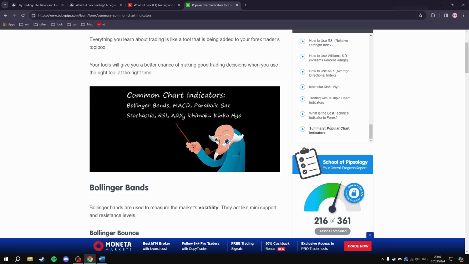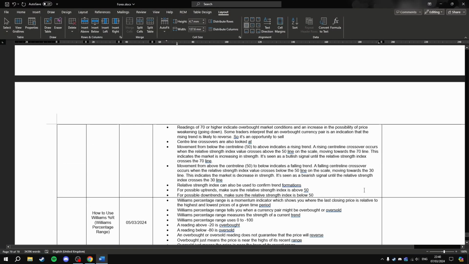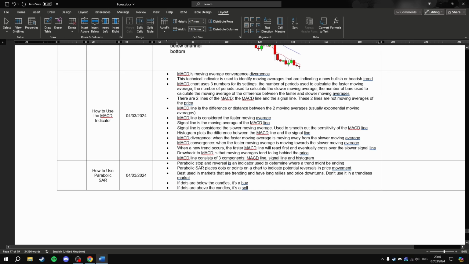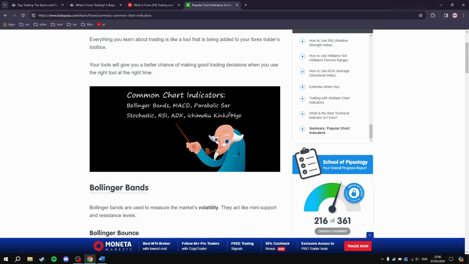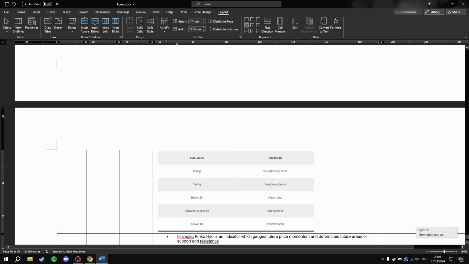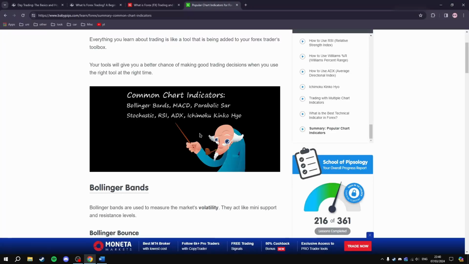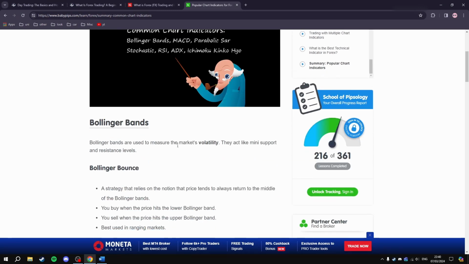So we've got the common chart indicators we learned: the Bollinger bands, MACD or moving average convergence divergence, the parabolic SAR, which I forgot what it actually stood for, stop and reversal, that's it, stochastics, relative strength index, average directional index, and the Ichimoku Kinko Hyo.